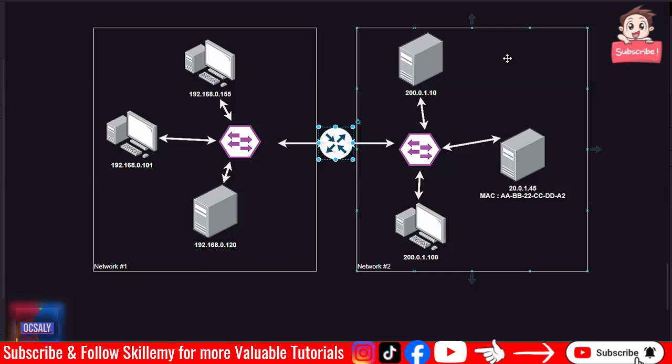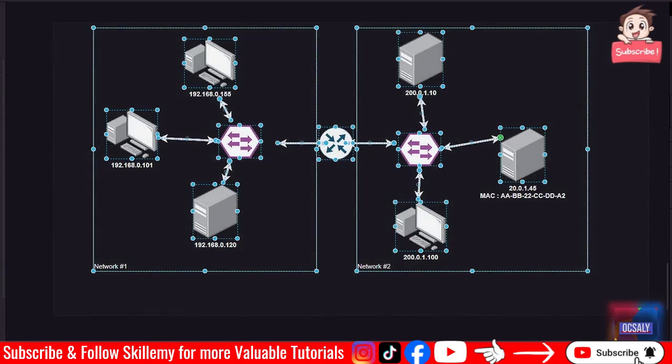The router looks up the MAC address of this IP address 20.0.1.45, encapsulates the original IP packet into a new Ethernet frame, and sends it onto network number 2. The destination node receives the Ethernet frame, unpacks the IP packet, and processes its contents.